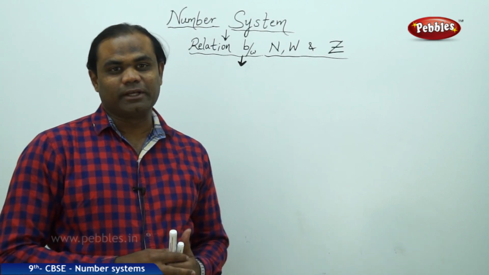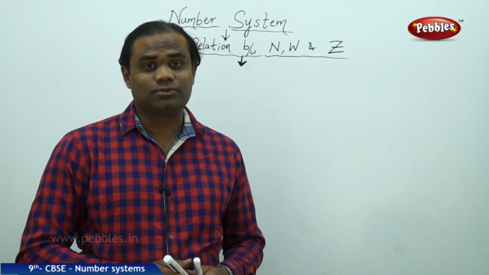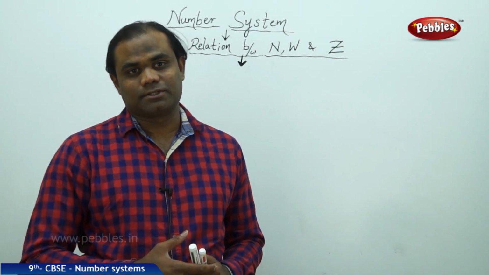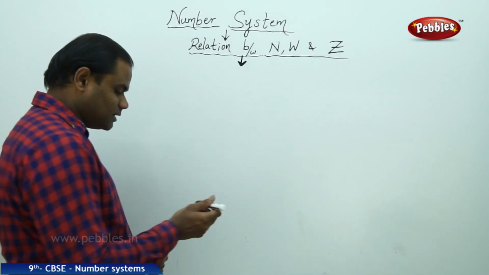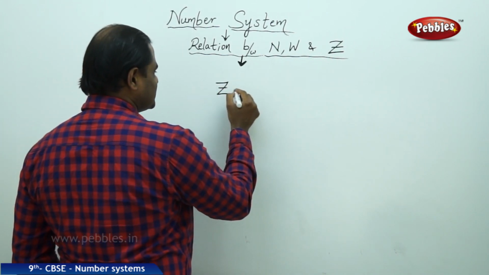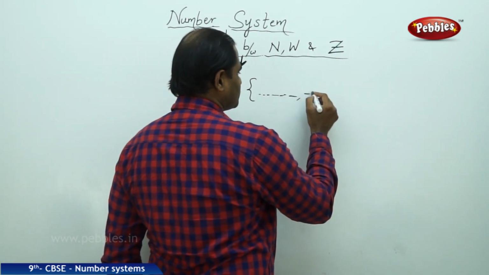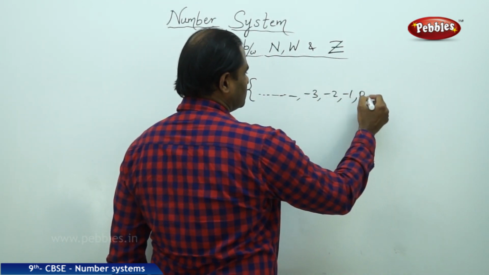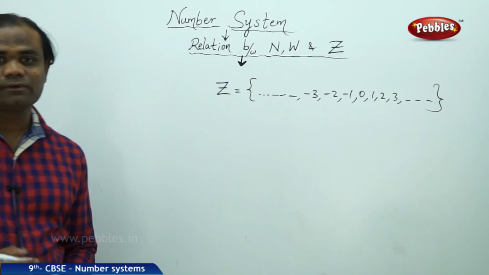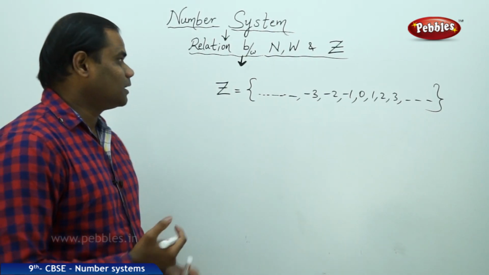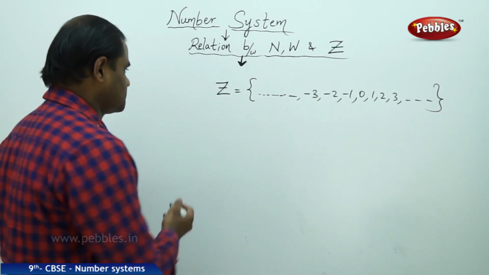Let's see the relation between N, W and Z before we go through different examples to justify the set of integers and its identification in the respective manner. As we have seen, the set of integers denoted by Z is all the negative integers, -3, -2, -1, and 0, 1, 2, 3, 4, 5, etc. Let me also take into consideration the set of natural numbers and the whole numbers.